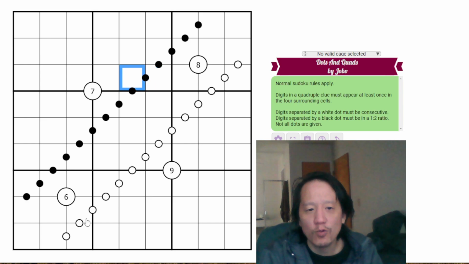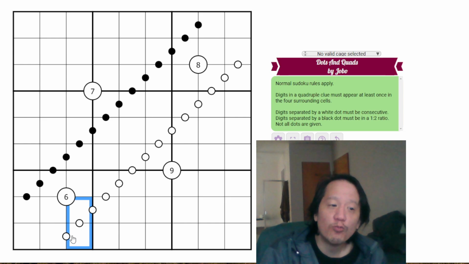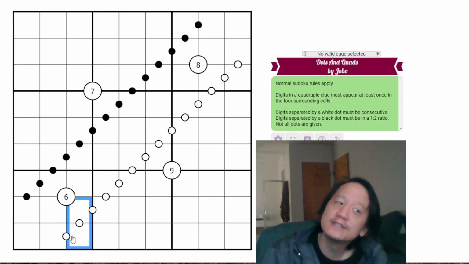And for white dots, these have to be consecutive. So if this were a 6, this would have to be a 5 or a 7.